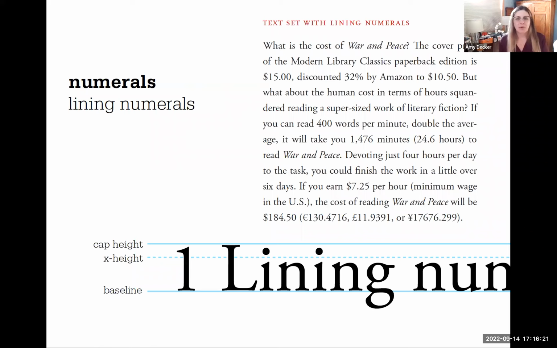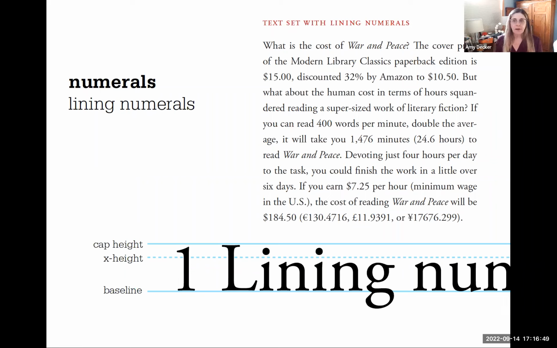Okay, another thing to be aware of is numerals. We have two different kinds of numerals depending on the typeface you choose. Lining numerals behave like capital letter forms. So if you look at this paragraph of copy, you notice that the numbers sit on the baseline and go up to the cap line. They match the capital letter forms.